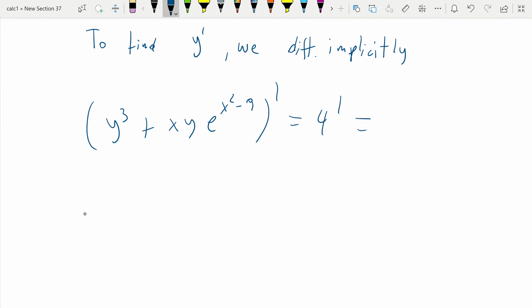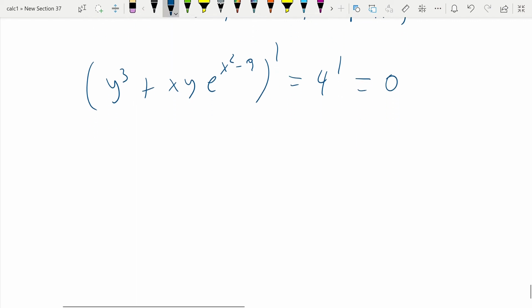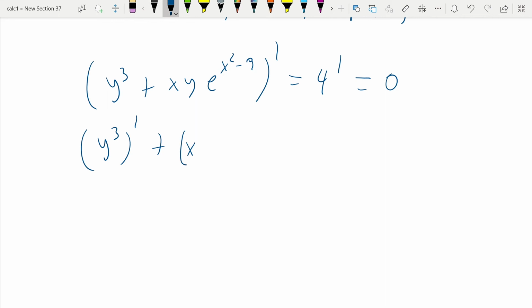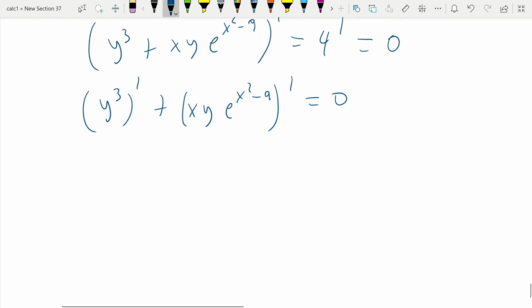The derivative of a constant is 0. We already know that, so 4 prime is 0. Here we have to be careful now. When we take this derivative, this is the derivative of y cubed with respect to x, plus (x y e to the x squared minus 9) prime equals 0.